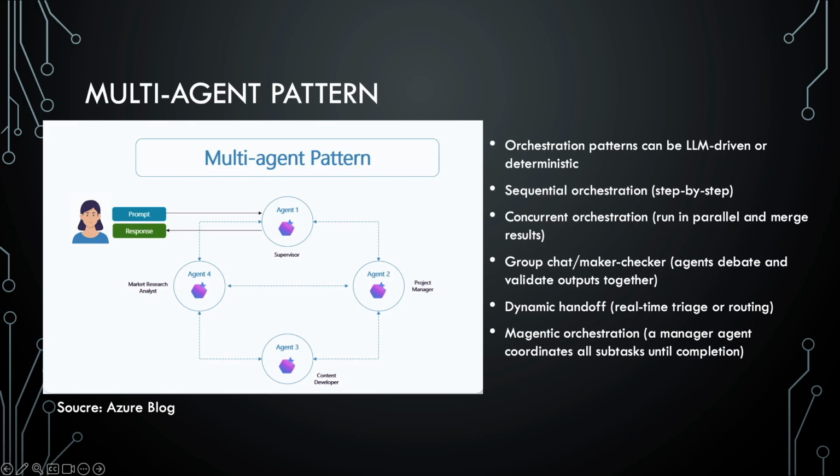Some common orchestration patterns include sequential orchestration, where agents are invoked step by step, concurrent orchestration, where agents run in parallel and merge their results, group chat or maker-checker orchestration, where agents debate and validate outputs together, dynamic handoff, where agents hand off their outputs to one another for real-time triaging or routing, and magentic orchestration, where a manager agent coordinates all of the subtasks in a plan until completion.